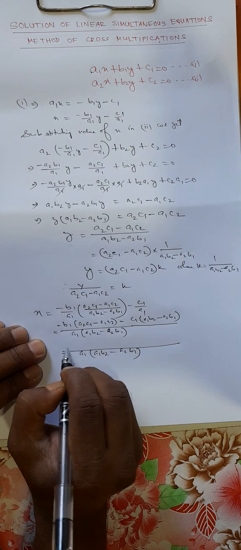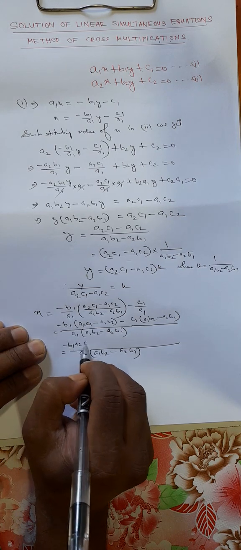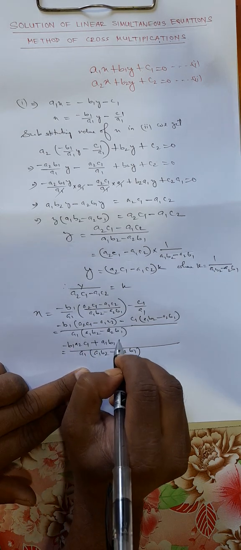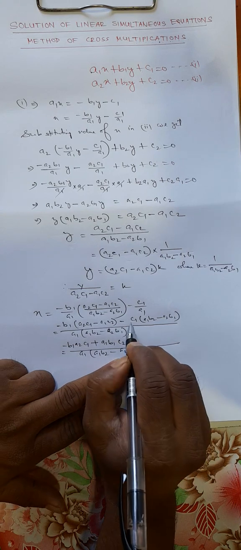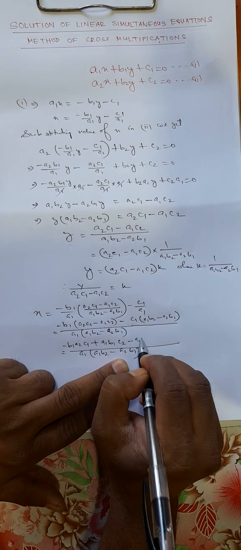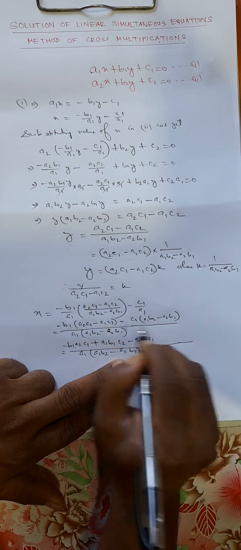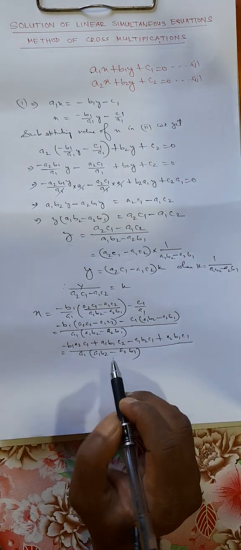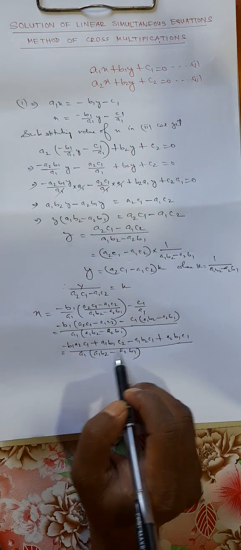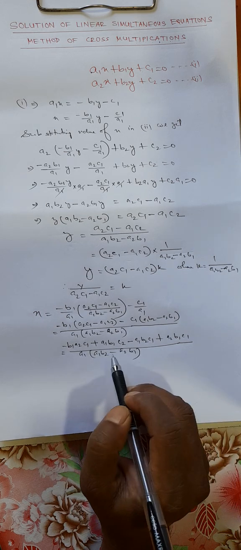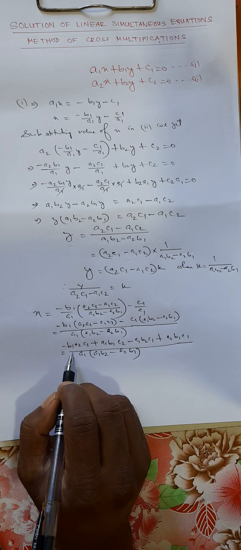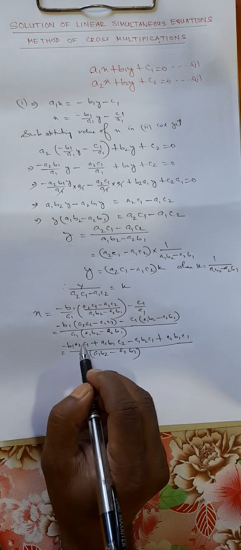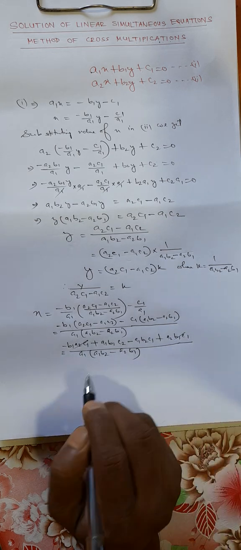Let us simplify: minus b1a2c1 plus a1b1c2 minus the multiplication of this, a1b2c1 minus minus plus a2b1c1. Now can we cancel any of these terms? b1a2c1 and b1a2c1: this is negative, this is positive, so they cancel each other.